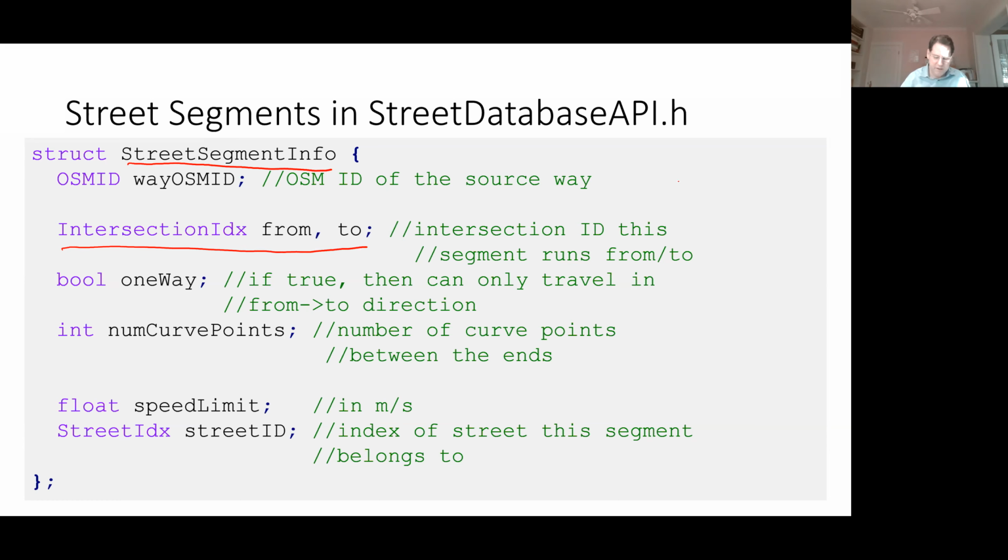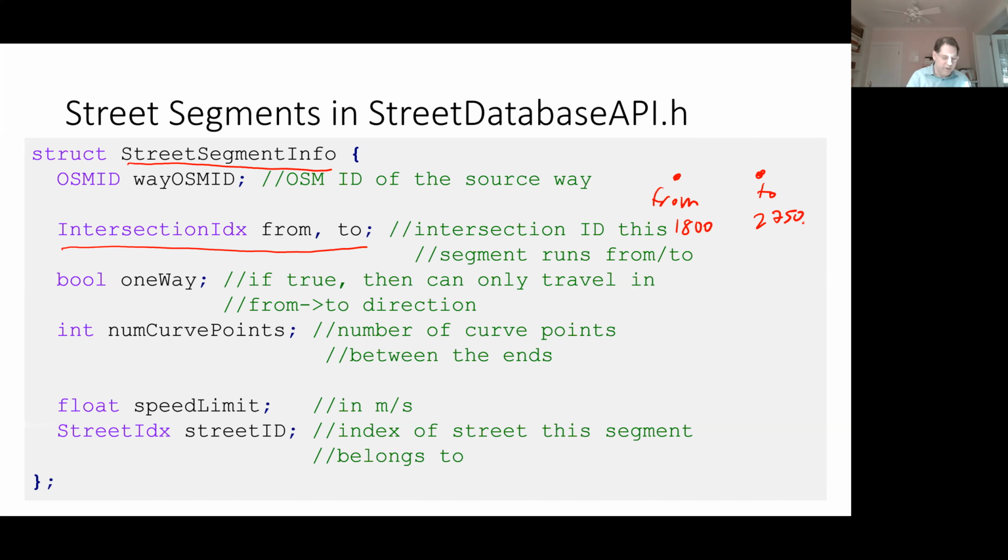A street segment goes between two intersections. It goes from, which might be a certain intersection ID, say 1800, and its other end is called to, a different intersection ID, say 2750. So it has two integers recording the two different intersections that I connect to.